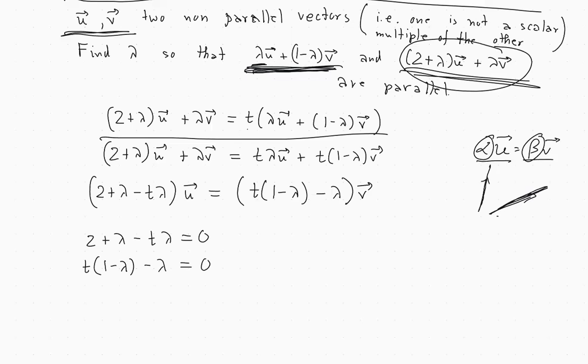Well, for example, let's multiply out the second equation. The first equation is 2 + lambda - T lambda = 0. And the second will be T - T lambda - lambda = 0.